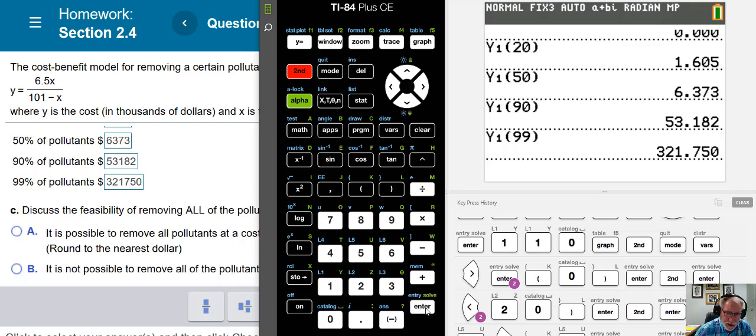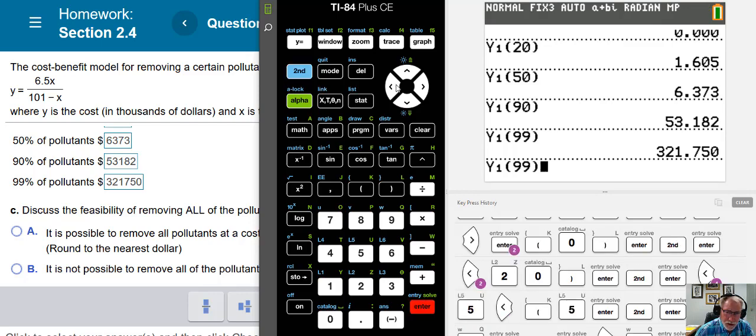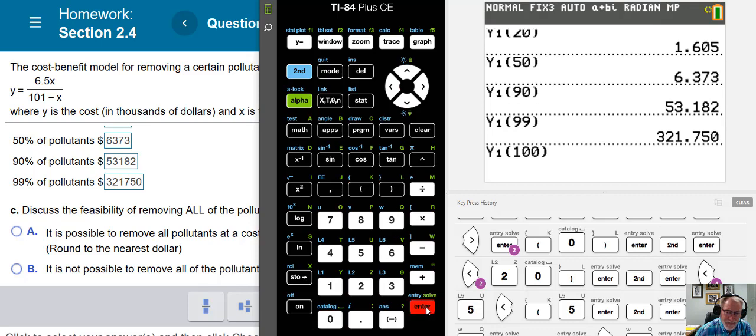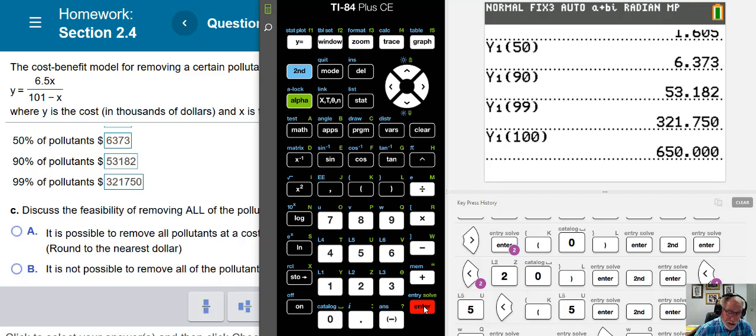So if I do this same calculation with a 100, and I get an answer, then the answer is yes, you can. And so it is feasible to have 100%. I'll give you a little heads up. If it says error, then you can't.